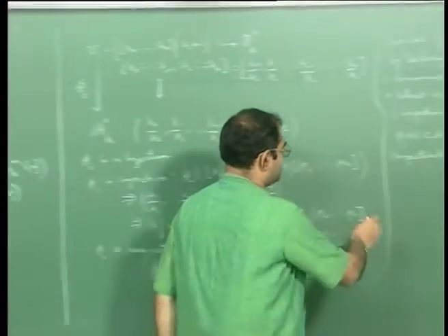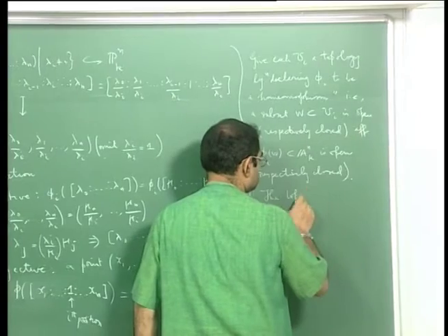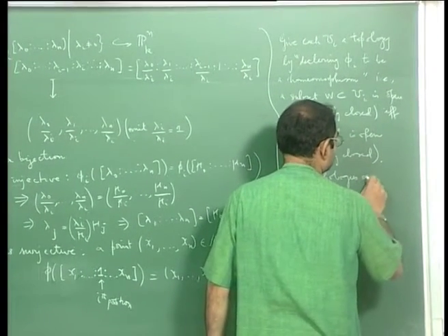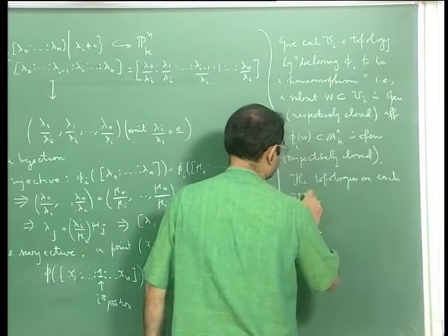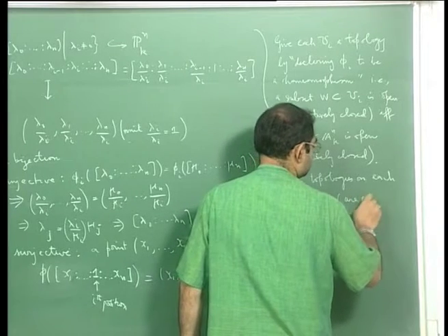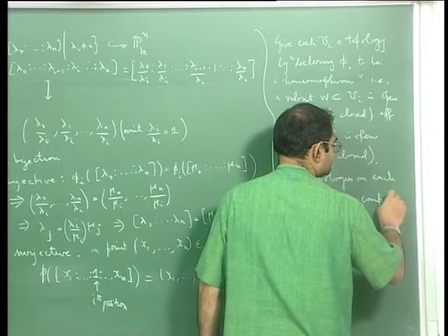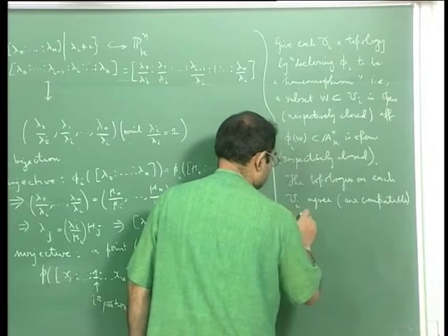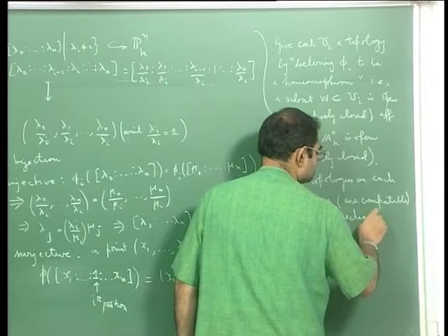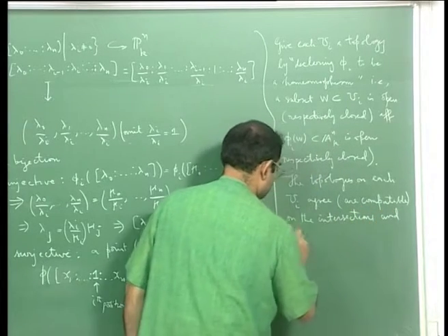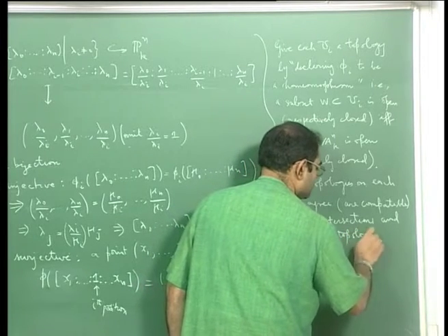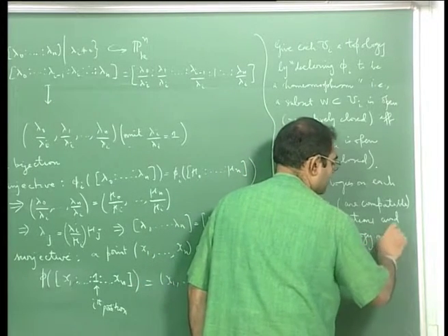So the topologies on each UI agree, are compatible on the intersections, and define a topology on Pn.